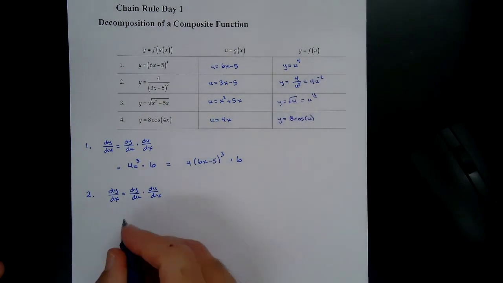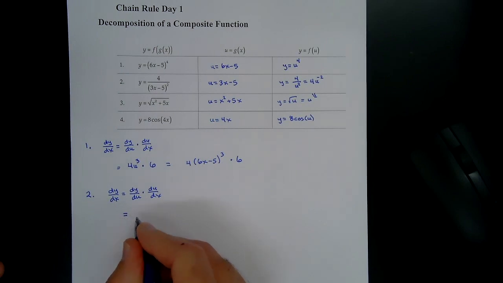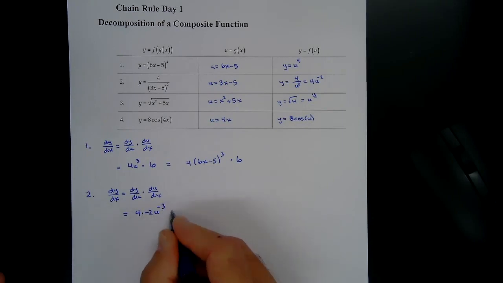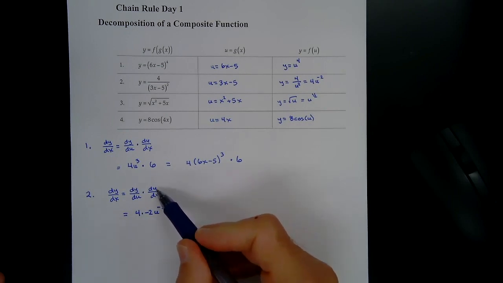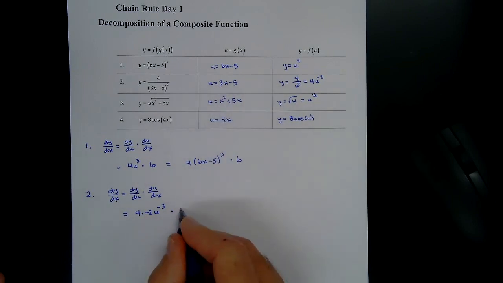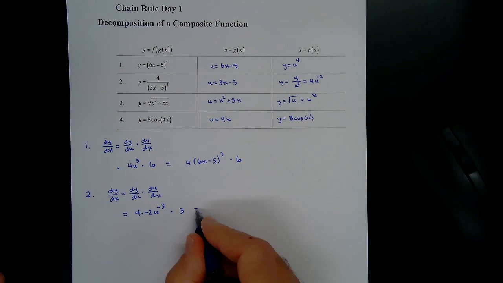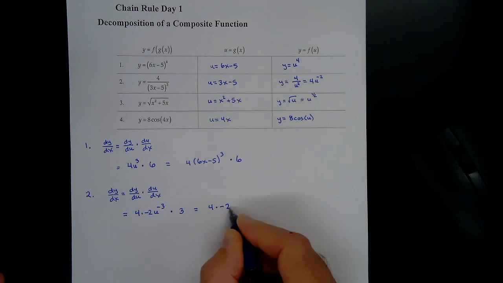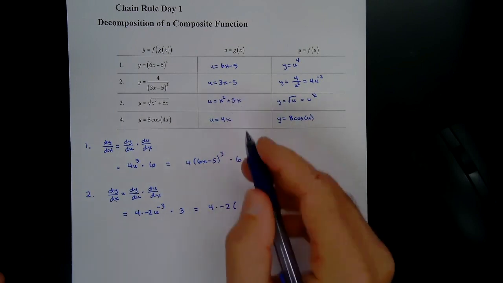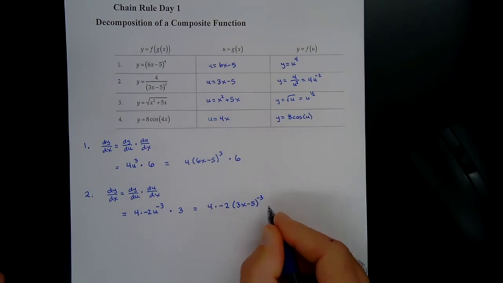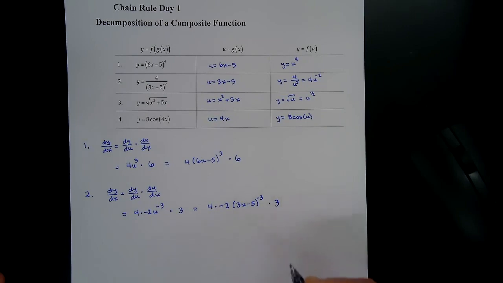So this becomes 4 times negative 2 u to the negative 3 power, and then times the derivative of u with respect to x, which would just be 3. So this becomes 4 times -2 times, and instead of u, 3x minus 5 raised to the -3rd power, times 3.